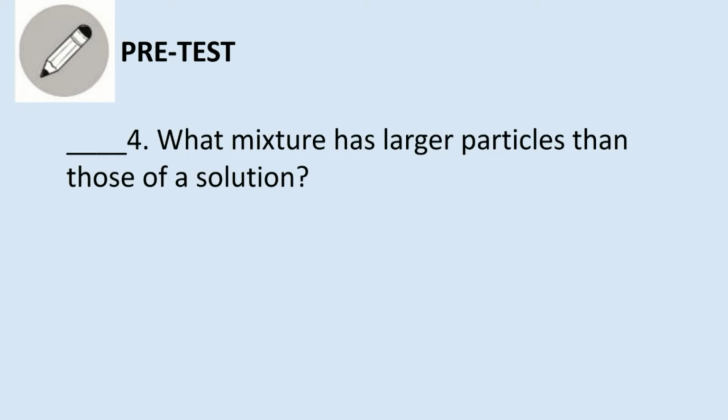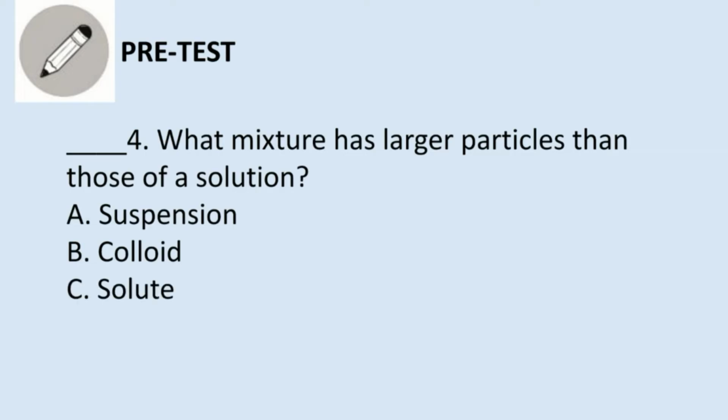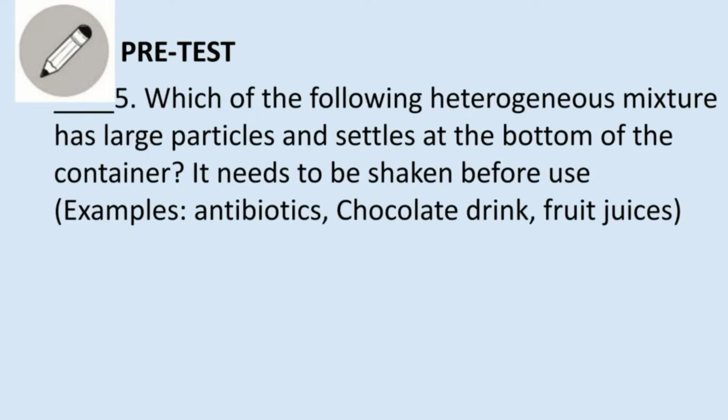4. What mixture has larger particles than those of a solution? A. Suspension. B. Colloid. C. Solute. D. Solution. Which of the following heterogeneous mixture has large particles and settles at the bottom of the container, and it needs to be shaken before use?